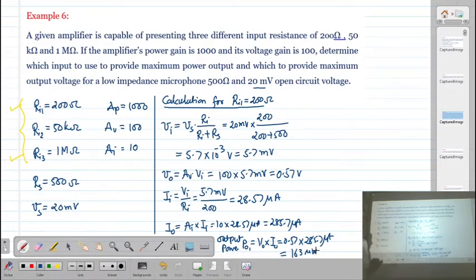Now the same kind of calculation we have to do for another value of the input resistance, correct? And that is 1 megaohm. So let us see how we can do it.